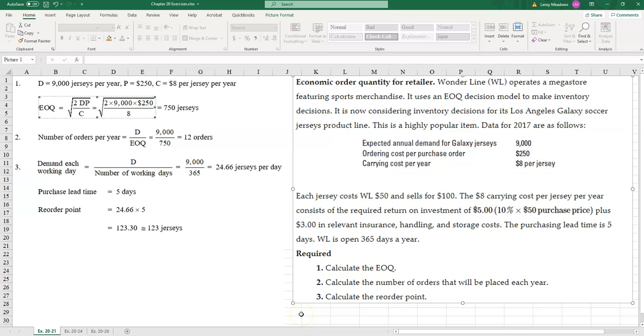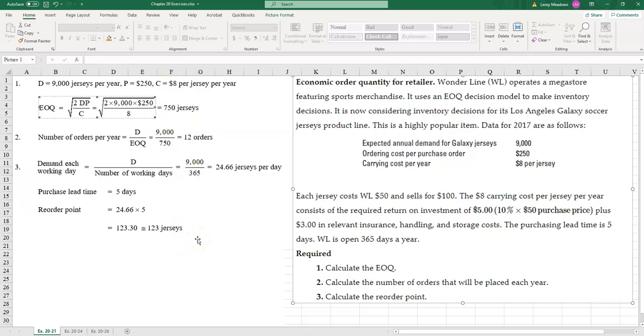So let's say all 750 jerseys just came in just as I ran out of my old stock. Now when I get down to approximately 123 jerseys, I will reorder another 750 jerseys.